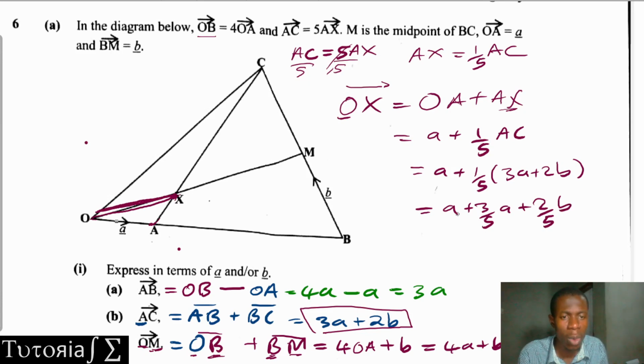Okay, so these will add up. So this will be 5 plus that. That will be 8 over 5A plus 2 over 5B.